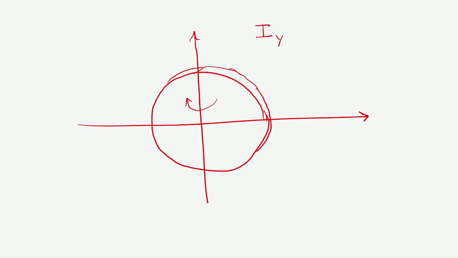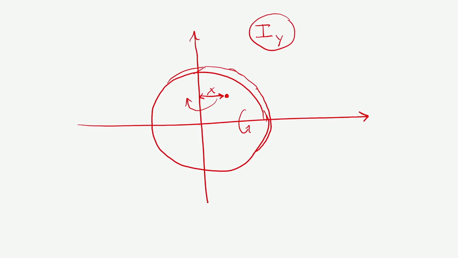We're going to take the distance. So if you think of a little point here, that distance is an x value. So the moment about the y-axis will involve x values. The moment about the x-axis is going to be this resistance to motion or momentum around, spinning around the x-axis like this.